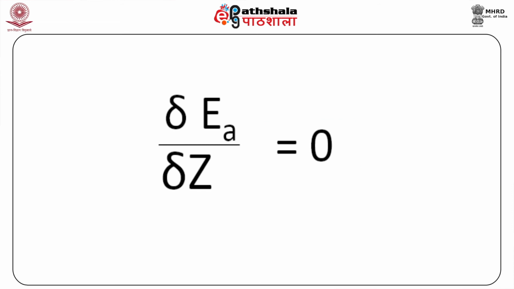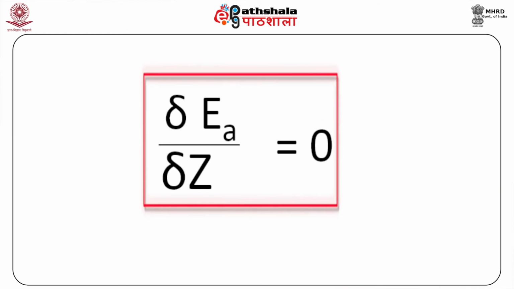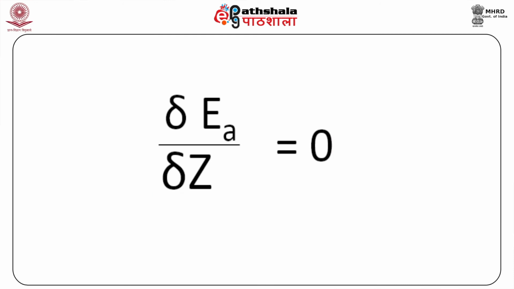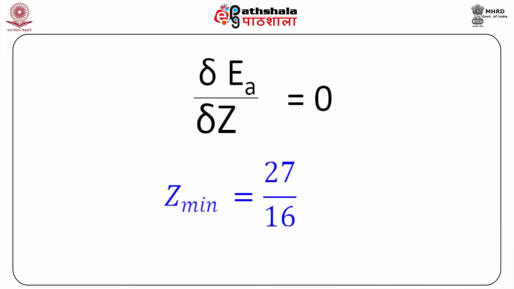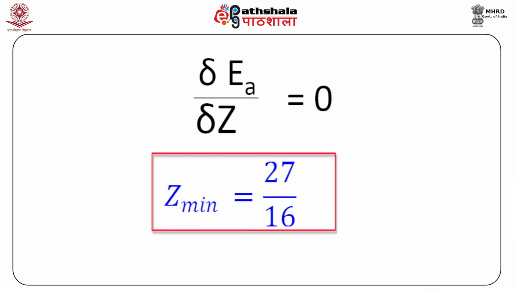That is, we differentiate EA with respect to Z and equate this to 0. Del EA by del Z is equal to 0, which gives equation 18: Z minimum equal to 27 by 16.